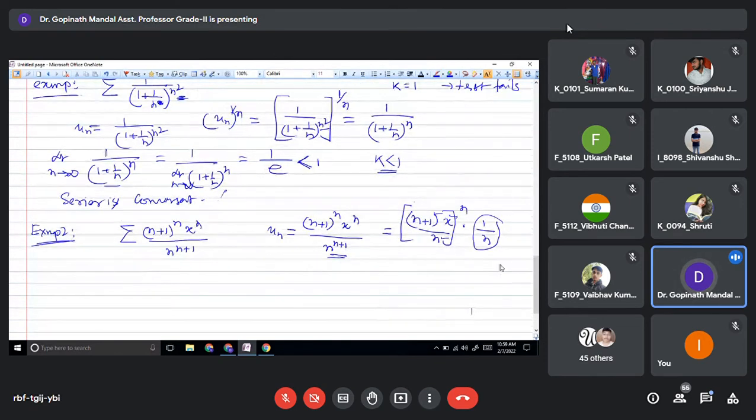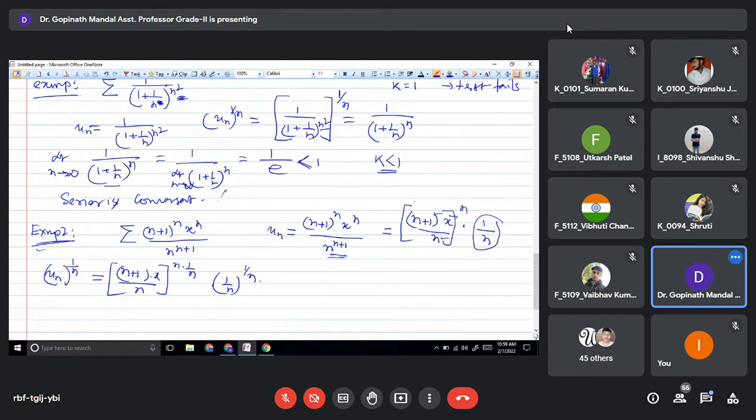Now we apply Cauchy's test. So un to the power 1 by n will be ((n plus 1) by n) into x, to the power n into 1 by n, all to the power 1 by n. So take limit on both sides, limit n tending to infinity. The n's cancel, so this is (1 plus 1 by n) into x, and limit n tending to infinity of (1 by n) to the power 1 by n.